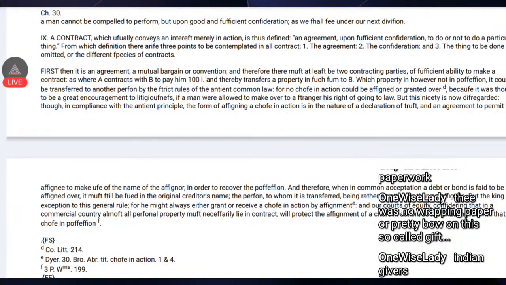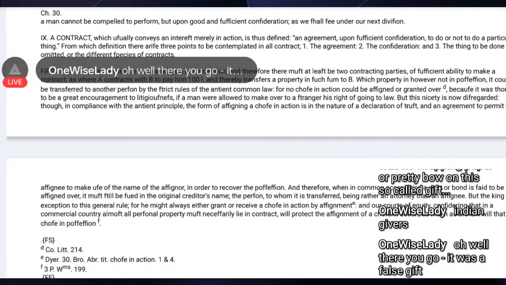There are three things to be contemplated in all contracts: the agreement, the consideration, and the thing to be done or omitted, or the different species of contracts.